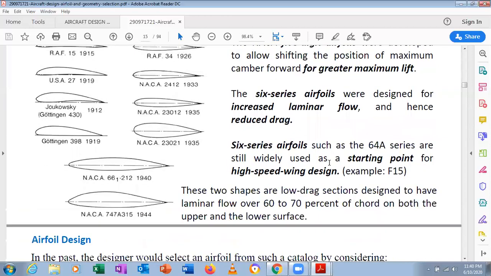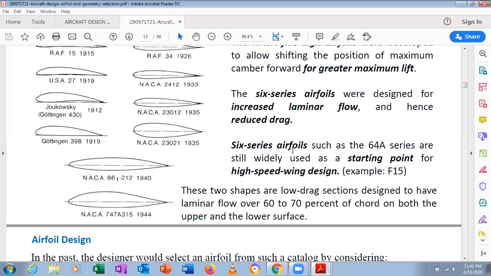The 6 series airfoils such as the 64A series are still widely used as a starting point for high speed wing design, like the F-15 aircraft. These are low drag sections designed to have laminar flow over 60 to 70% of the chord on both the upper and lower surface.